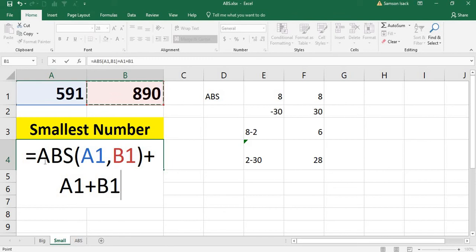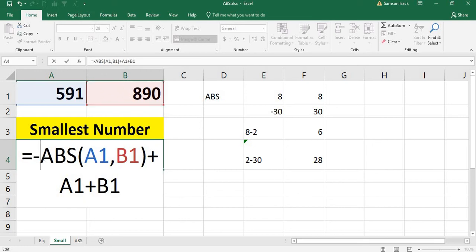One of these two is the bigger number, it could be A or B, so I subtract the difference from the bigger number. If A is the bigger number and B is the smaller number, then subtracting the difference from A makes it the smaller number too.